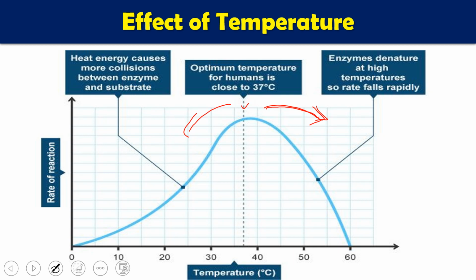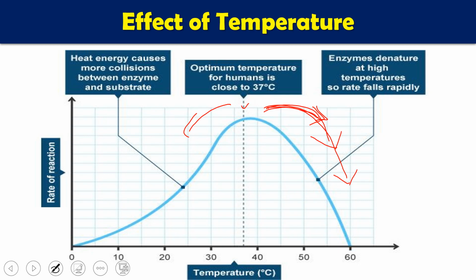So the protein's three-dimensional structure will be distorted, and ultimately the protein's structure will be changed, so the protein will be denatured, and this denaturation reaction occurs very fast. That's why you can see here in the graph a sharp fall.